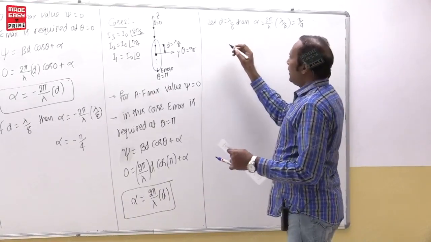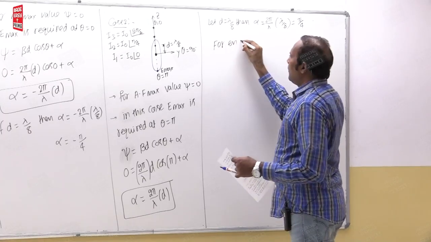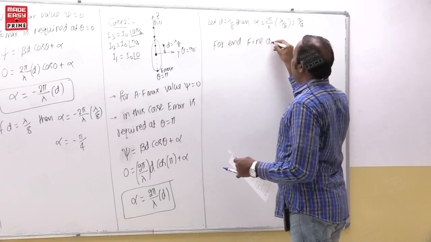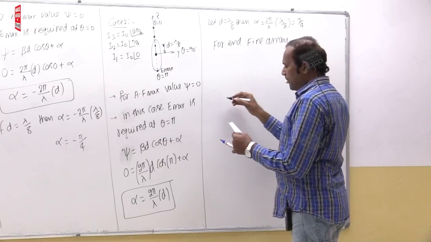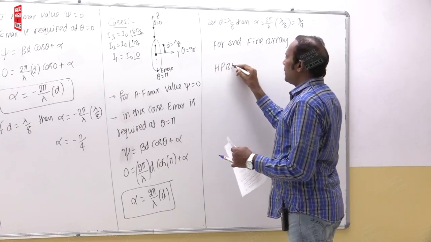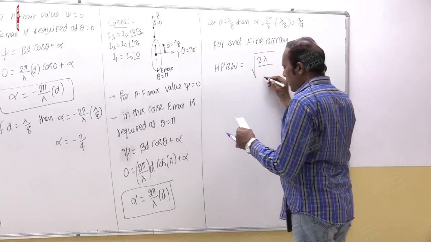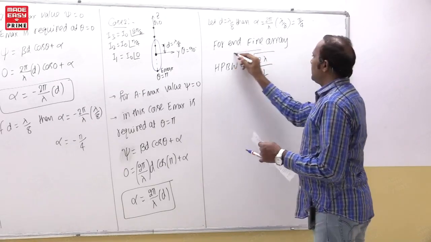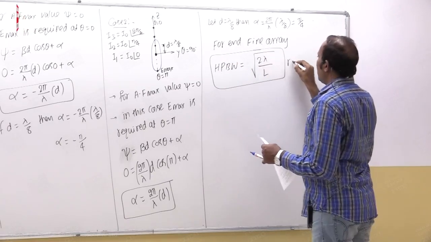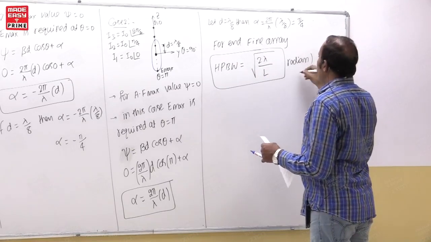Okay. So for the end fire array, half power beam width is equal to root of 2 lambda by L. This is the formula you get in radians.